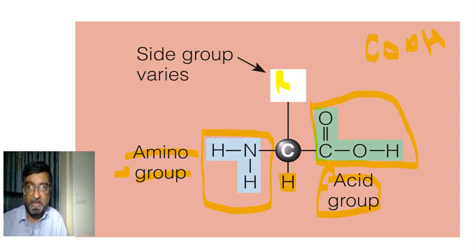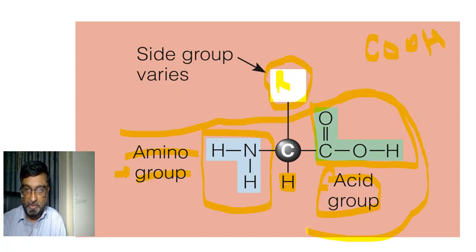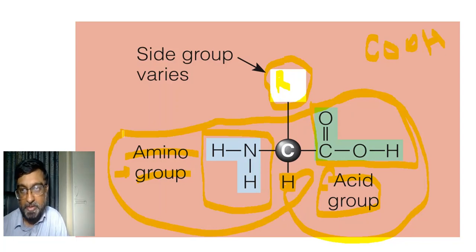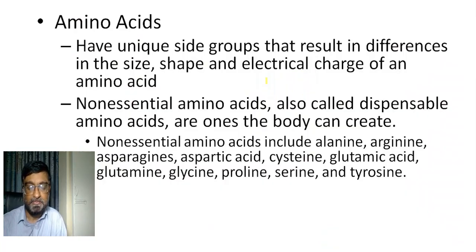That alkyl group actually varies with each amino acid. This structure, the amino group, acid group, and H, remains the same for all amino acids. The only thing that varies is the R group, right?